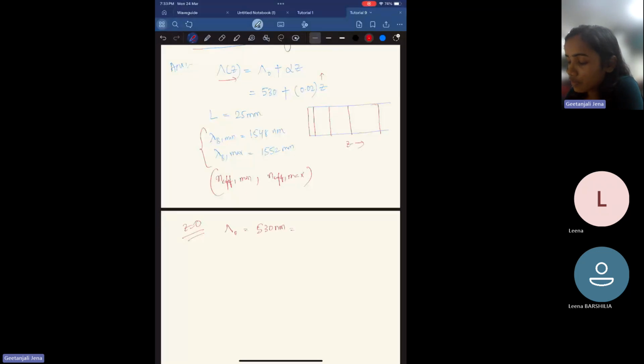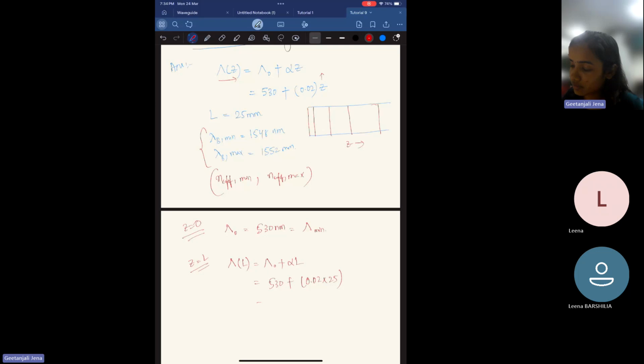This is the minimum grating period we have, and the maximum will be at z equal to L, so lambda 0 plus alpha L. Lambda 0 is 530 plus 0.02 times the length, 25 millimeter.